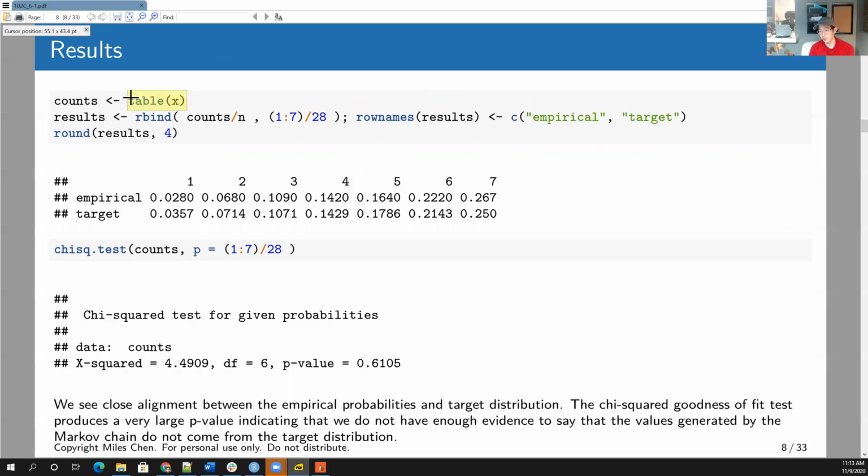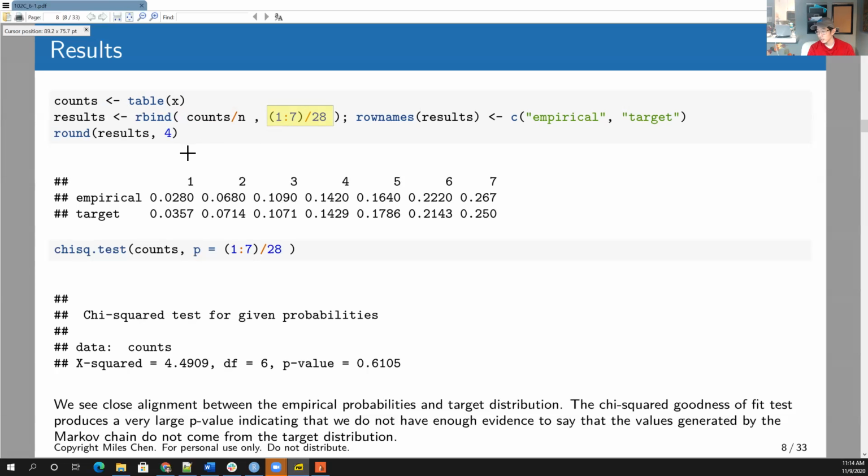Those will be the counts, and just so I can compare the results with their expected probabilities, I'm going to turn everything into relative frequencies. So I take my table of counts, divide by n, and compare that to the target probabilities, which is basically 1 through 7 divided by 28.